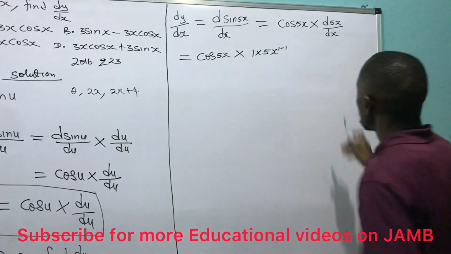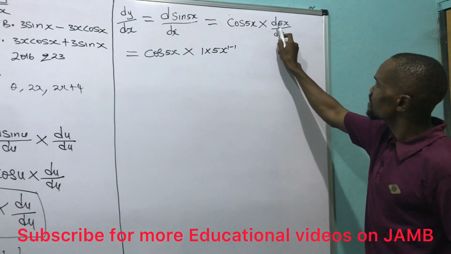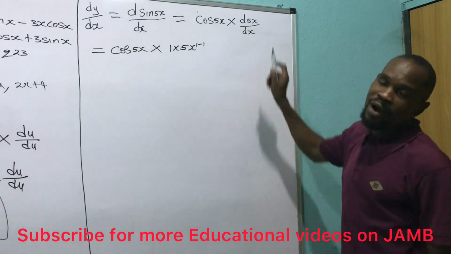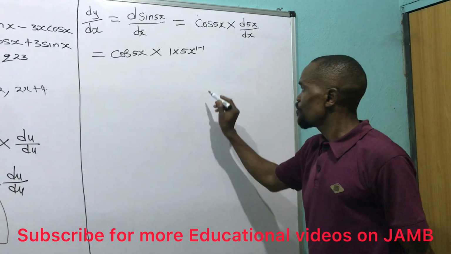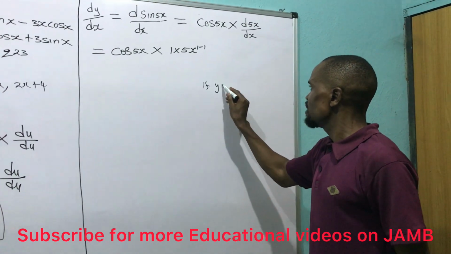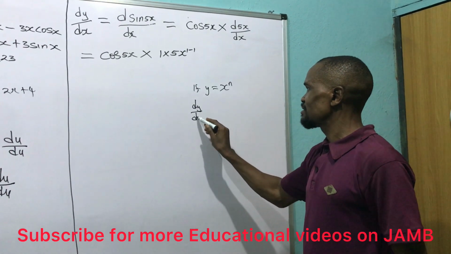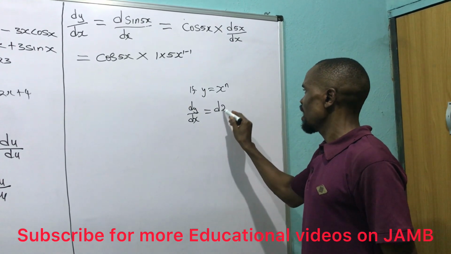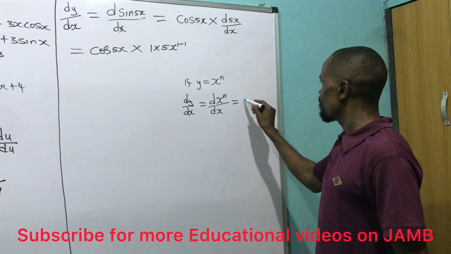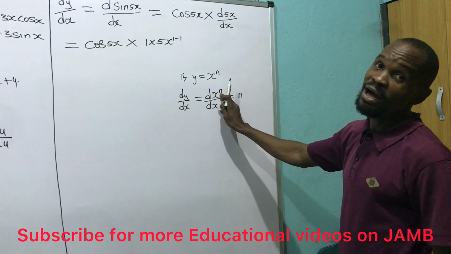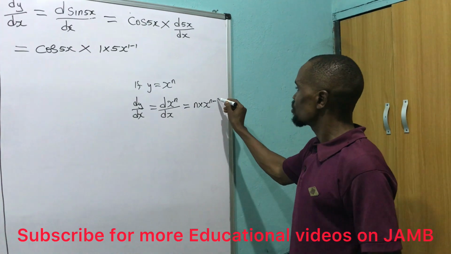You remember, if I'm differentiating x raised to power n, dy/dx is equal to n times x raised to power n minus 1.